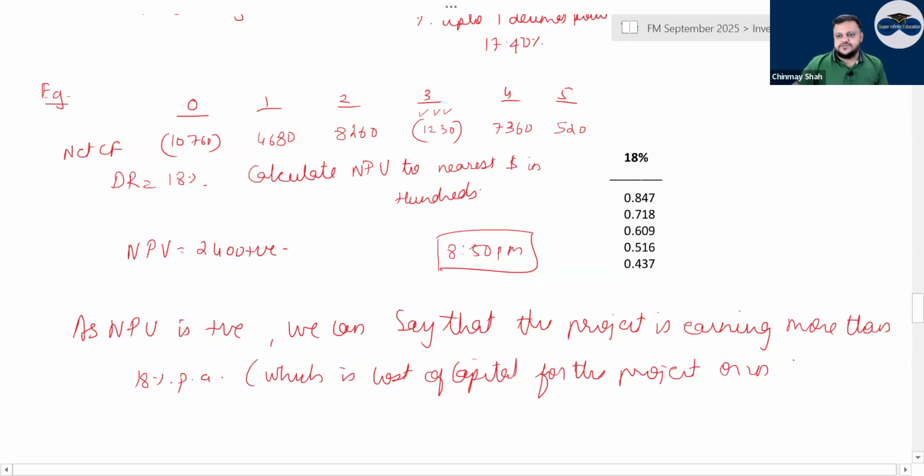Or in simple terms, the cost of bringing 10,760 from the market.